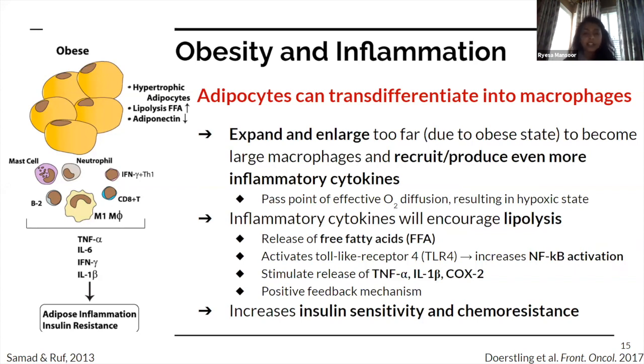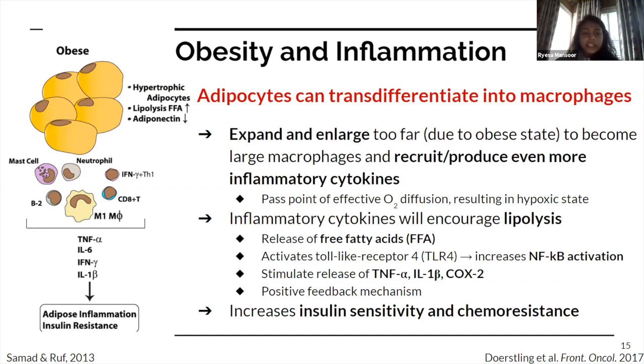Another point that I saw in the literature is that sometimes with this enlargement, adipocytes can pass the point of effective oxygen diffusion. Usually, within that local site, typically visceral abdominal fat, this results in a hypoxic state, which we already talked about being conducive to the HIF1 alpha factor, which we know is not good.